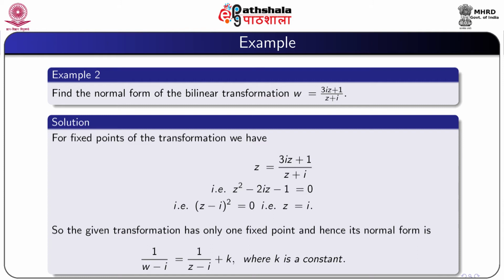This gives z square minus 2iz minus 1 equal to 0, that is (z minus i) square equal to 0, that is z equal to i. That means this transformation has only one fixed point. So, its normal form is 1 by w minus i equal to 1 by z minus i plus k, where k is a constant, and this is obviously a parabolic transformation.